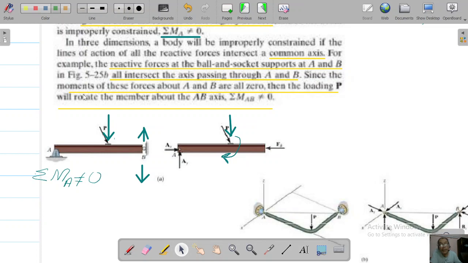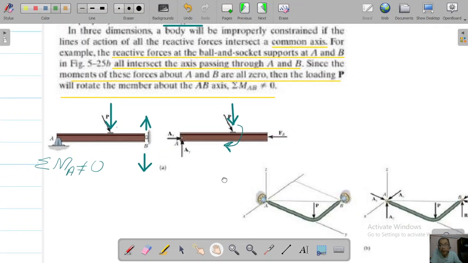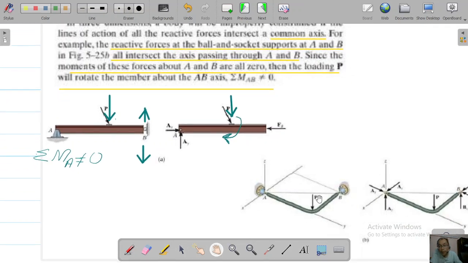Since the moments of these forces about A are all zero, you can already say that this force P will have the tendency to rotate this piping system. If it's a pipe, it can rotate about this AB axis.